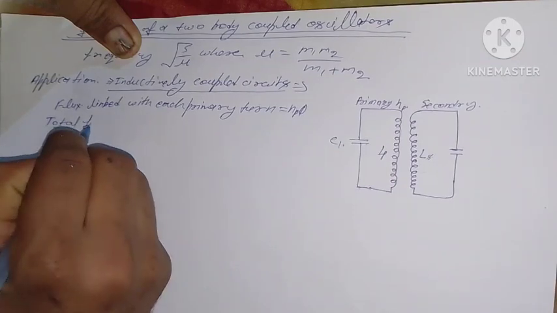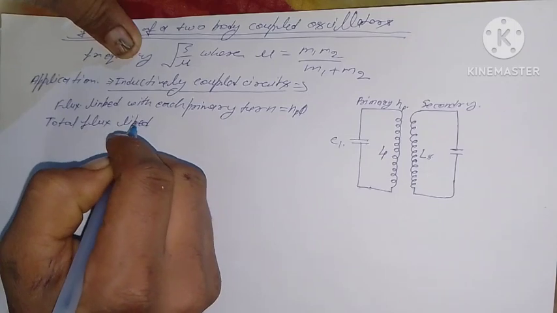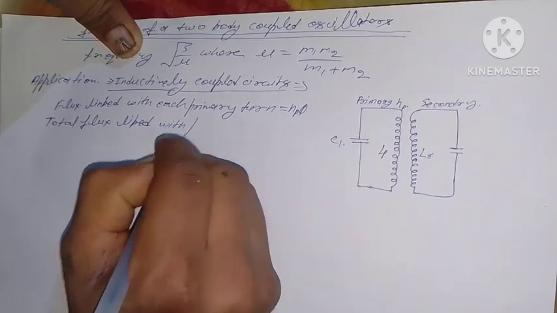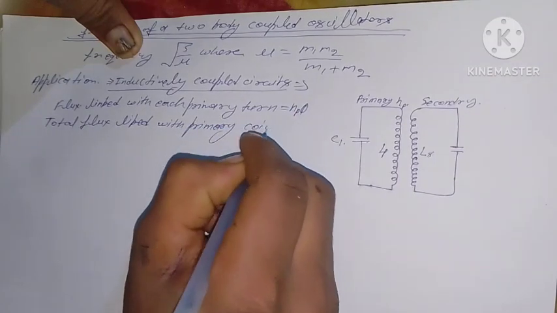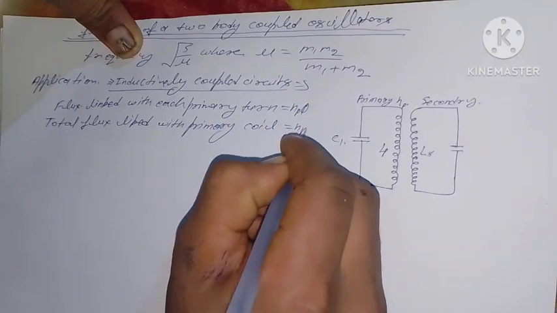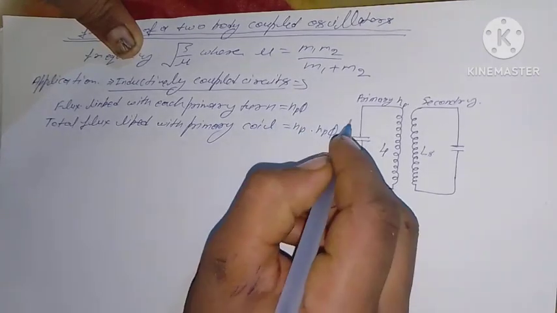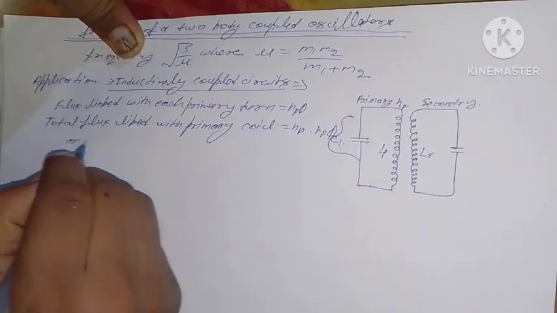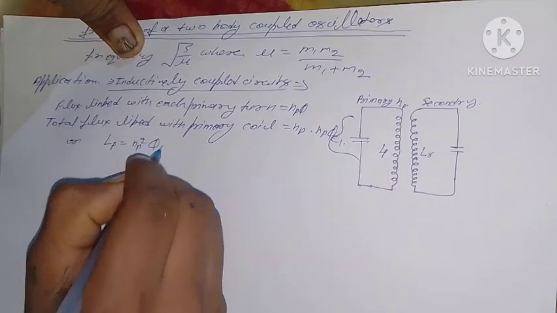Total flux linked with the primary coil is NP times NP phi. That is, LP equals NP square phi.